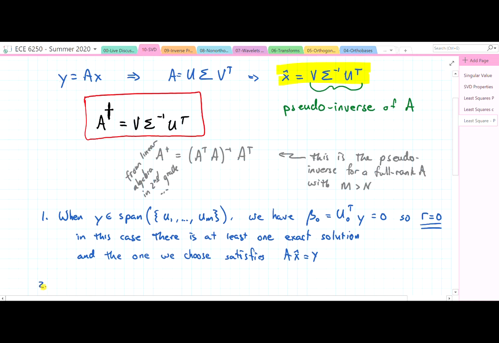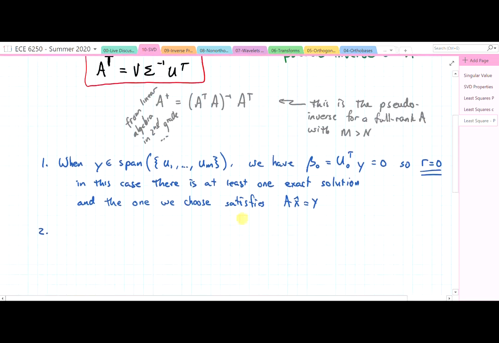Next, if r is less than n, then the solution is not unique. So in this case, V naught has at least one column.